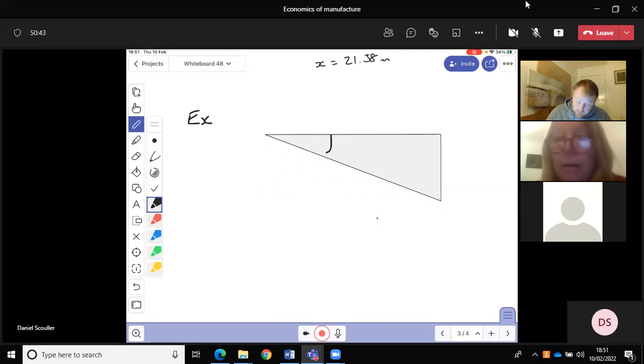This angle on here, 43 degrees. That's your right angle. The X this time, let's make X the hypotenuse, and then let's just say 19 there.